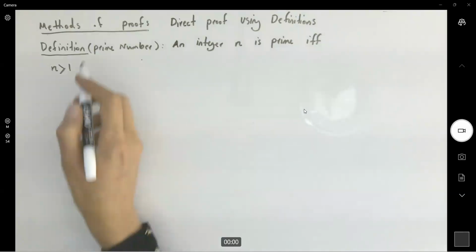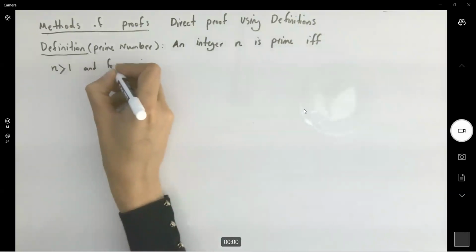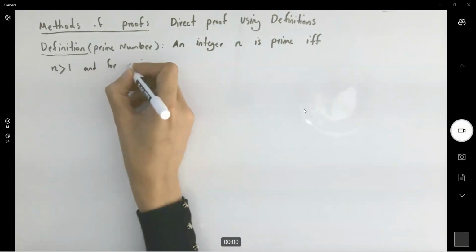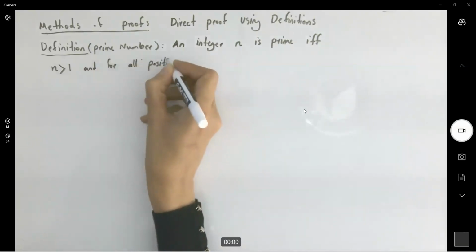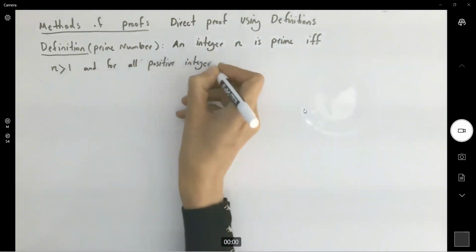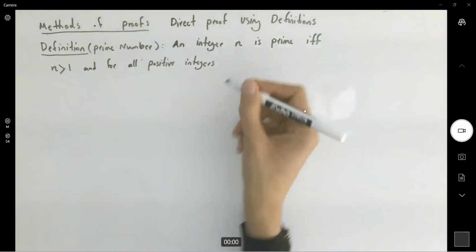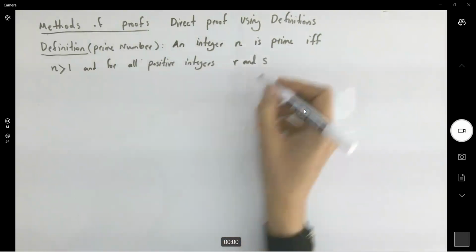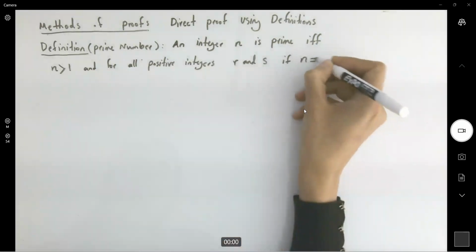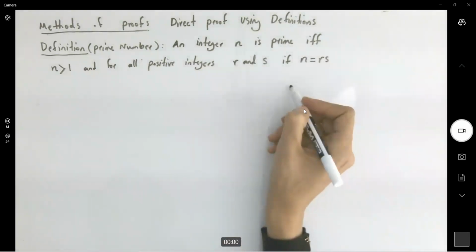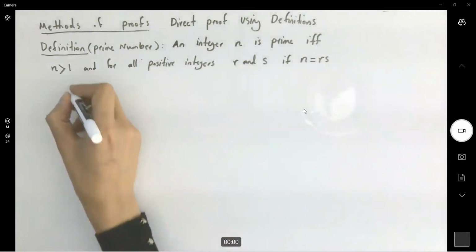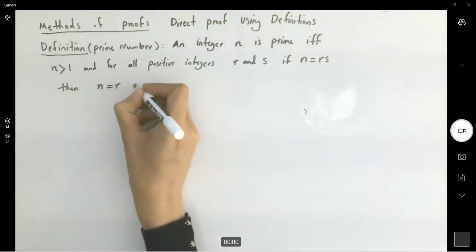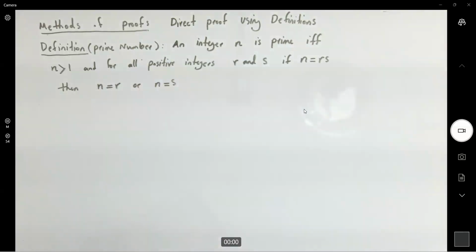The second condition: for all positive integers, let us use R and S, if n is the product of R and S, then you can conclude that n is equal to R or n is equal to S.